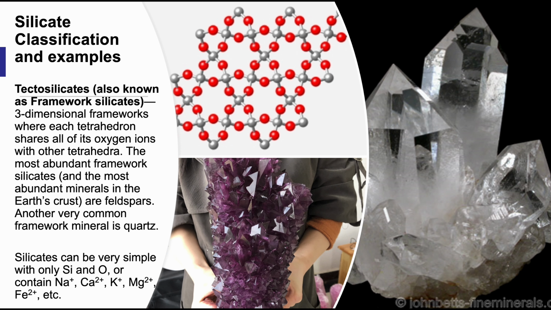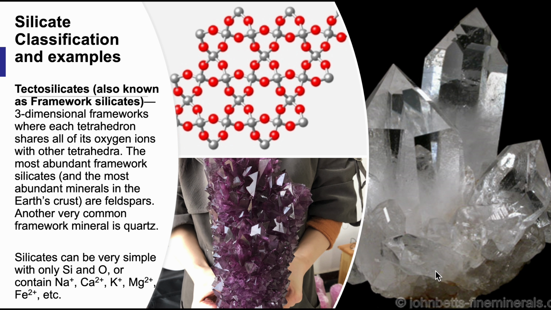Tectosilicates, also known as the framework silicates or the 3D silicates, are three-dimensional frameworks where each tetrahedra shares all of its oxygen ions with other tetrahedra. The most abundant framework silicates, and the most abundant minerals in the Earth's crust, are these feldspars. Another common framework mineral we've talked about several times is quartz.